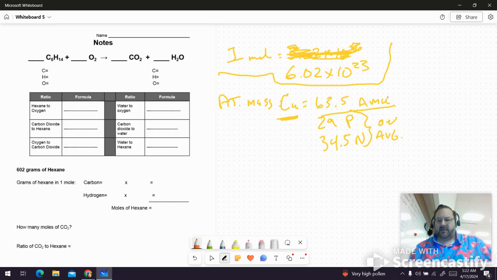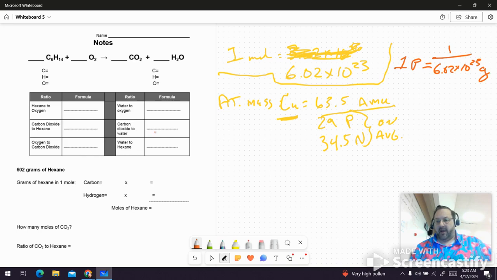The key is that 1 proton, or 1 neutron, we're counting them as the same. They're almost the same. Equals 1 over 6.02 times 10 to the 23rd grams.